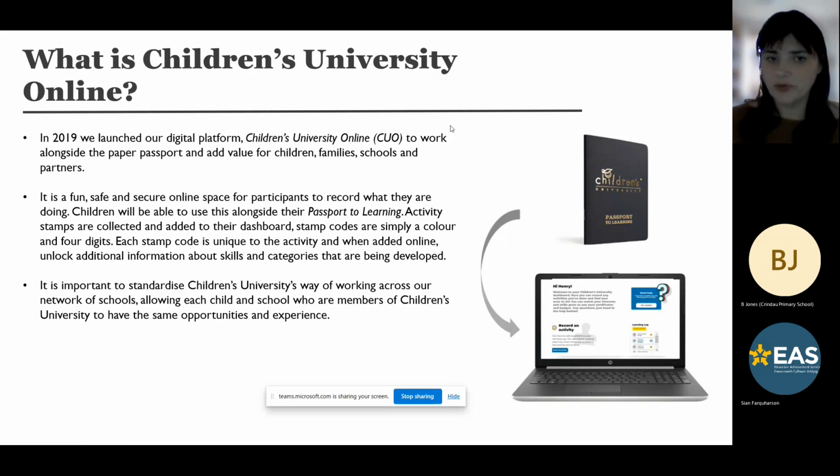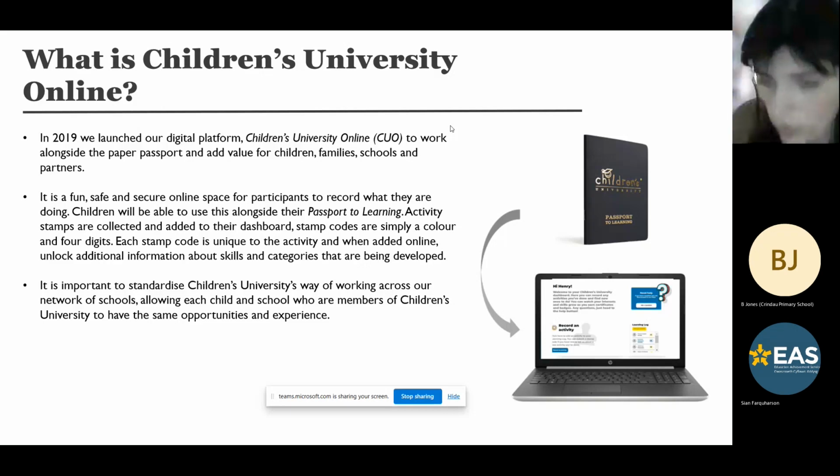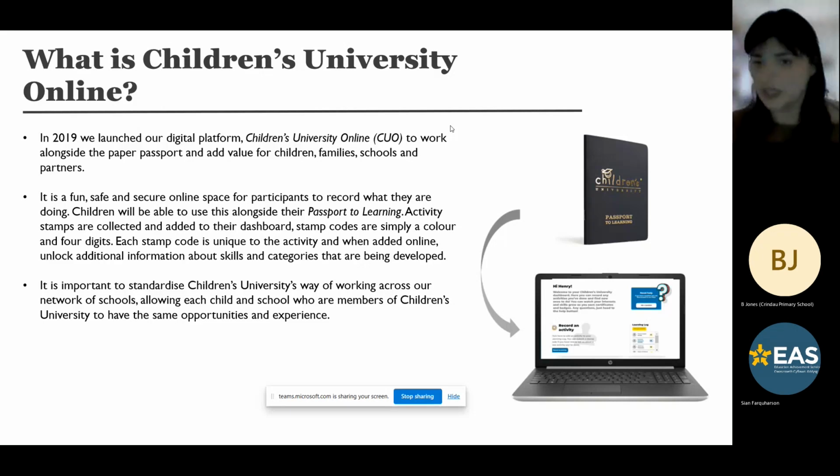Every child who was a member of CU would take their passport to various different activities in school and outside of school, and get a signature. It would then be a manual job for the school or the CU manager to count up those hours and see who had hit the threshold for graduating, which is pretty labour intensive, as I'm sure you can imagine.